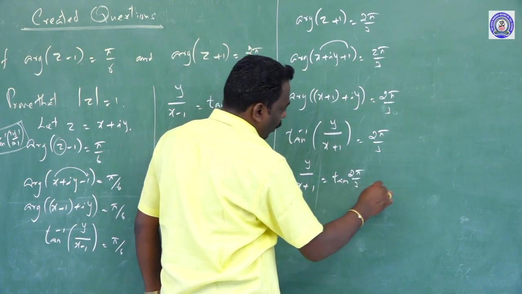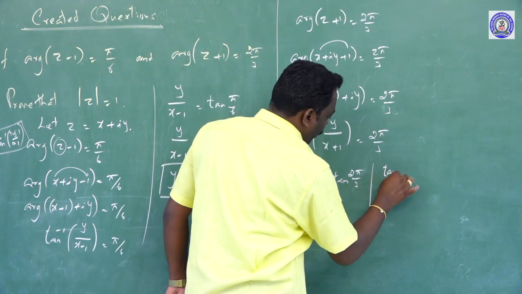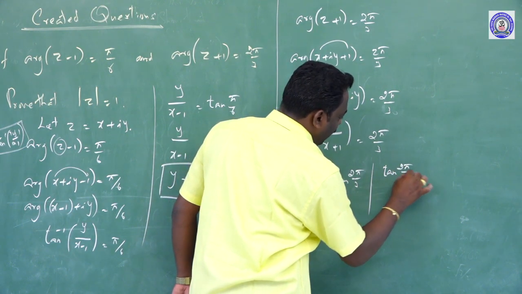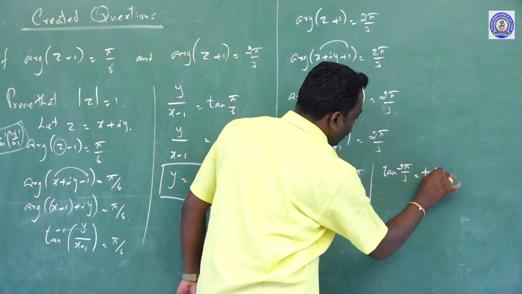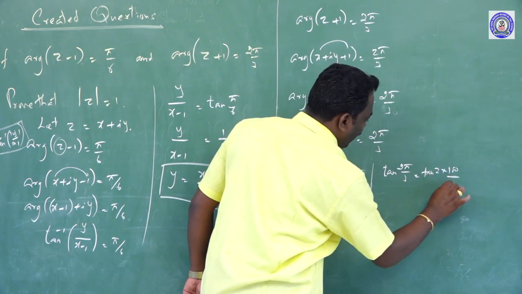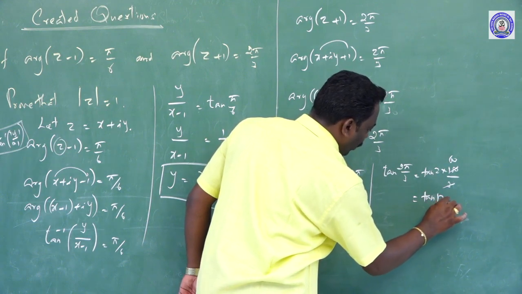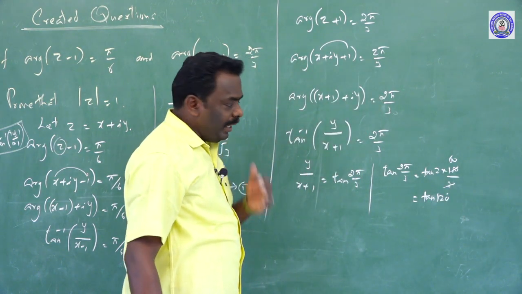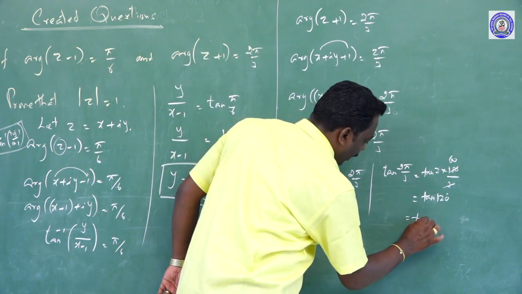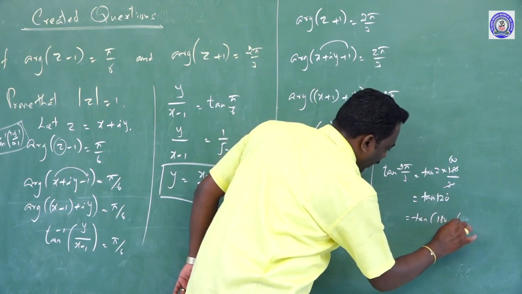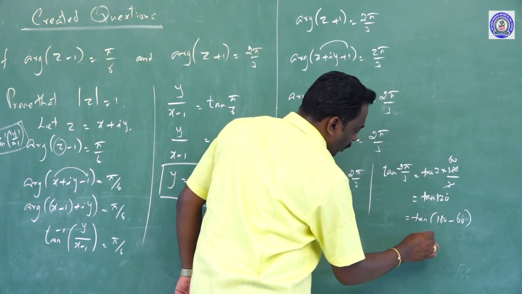So now find the value. Tan 2 pi by 3 is equal to tan of 2 into 180 by 3, which cancels to 60, so it is tan 120 degrees. Tan 120 degrees can be rewritten as tan (180 degrees minus 60 degrees).